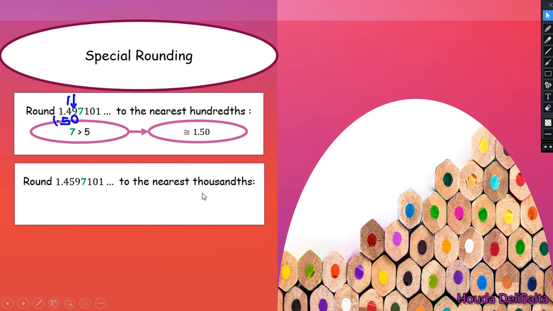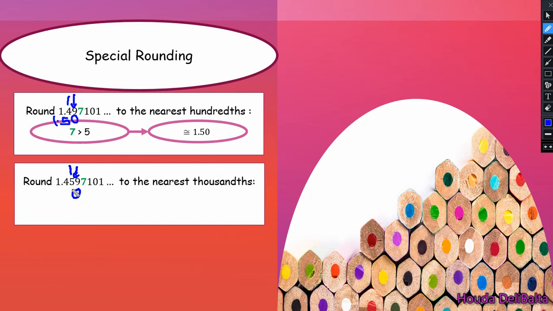Another example. I have to round 1.4597 etc. to the nearest thousandth. Then I have to look at the thousandth digit, which is 9. Again, I have 9 here. So I look at the number after 9. It is 7. So definitely I'm going to add 1 for 9. What happens? It becomes 10. So 0 here we put it, and we put 1 for 5.